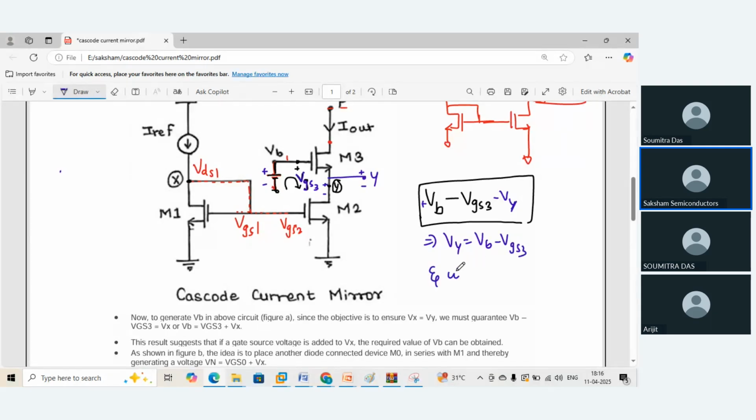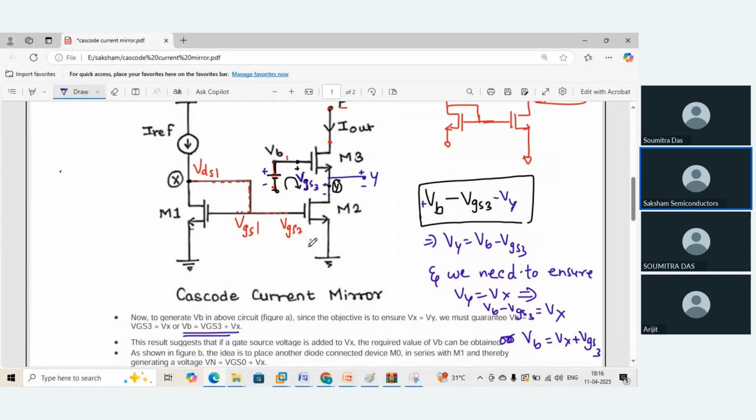And we need to ensure Vy is equal to Vx, which implies Vb minus VGS3 must be equal to Vx. Or, since Vb is in my control, Vb is equal to Vx plus VGS3, and that's what has been written over here.